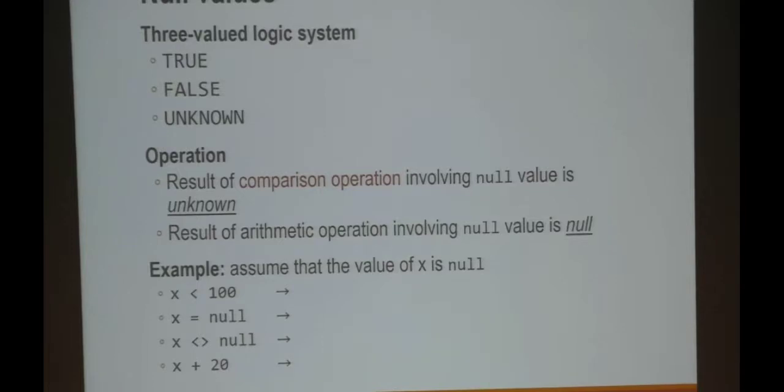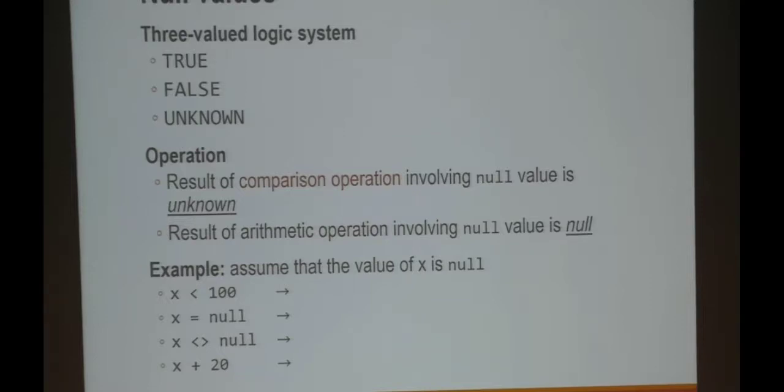Now, a slight distinction between unknown and null is that when you do a comparison, what you expect is either true, false, or unknown. Unknown can be thought of as a null, but there's a slight difference, which is the data type. Think of unknown as having a data type of Boolean.